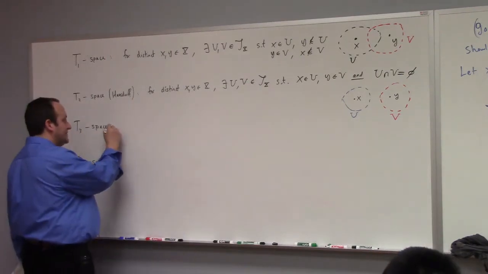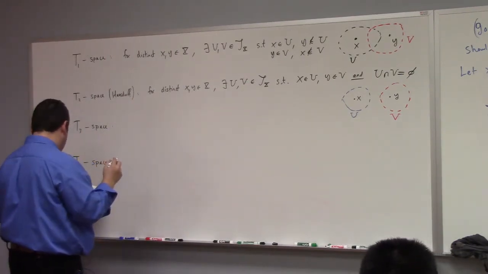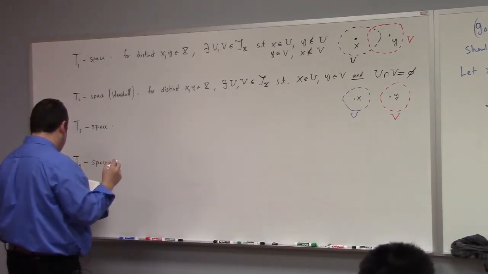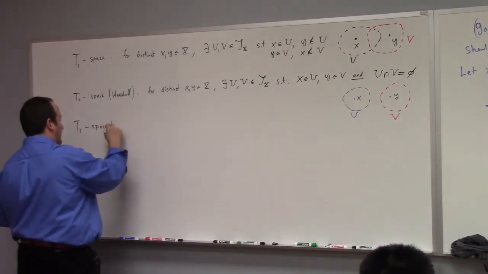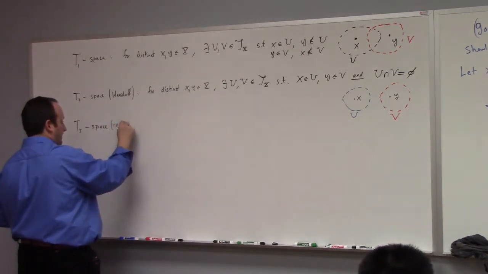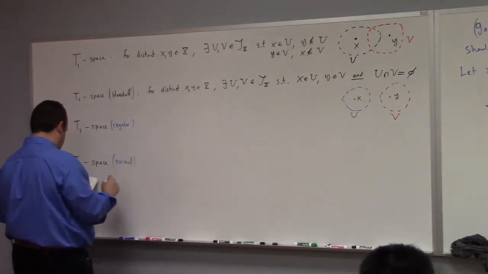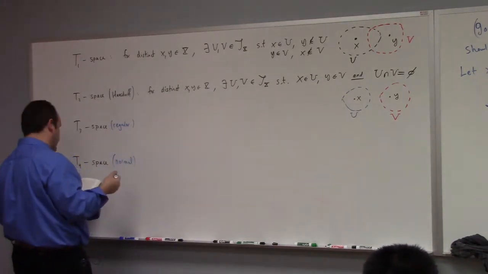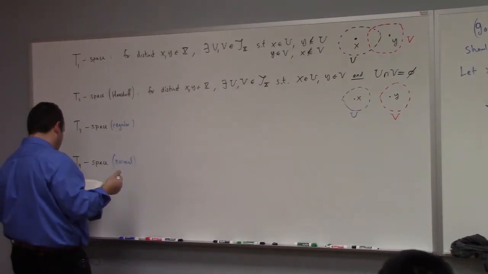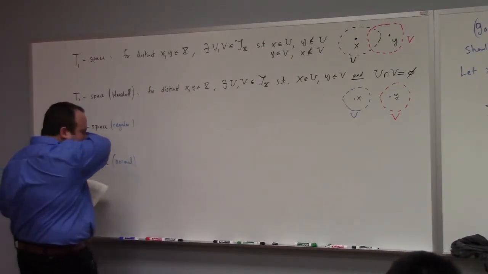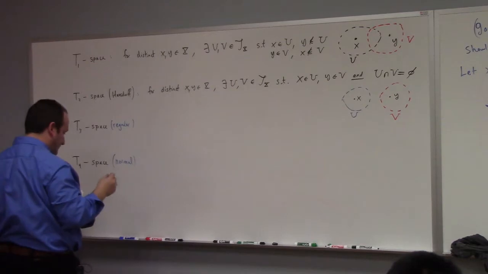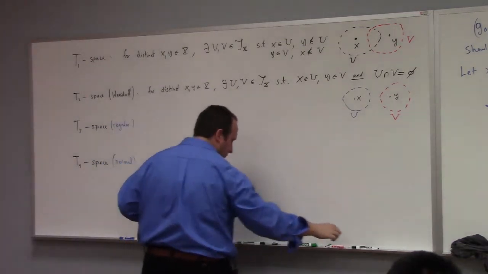T3 space, a little bit different, also known as regular. T4 is also known as a normal space, at least in Gamelin. Great, googly moogly.